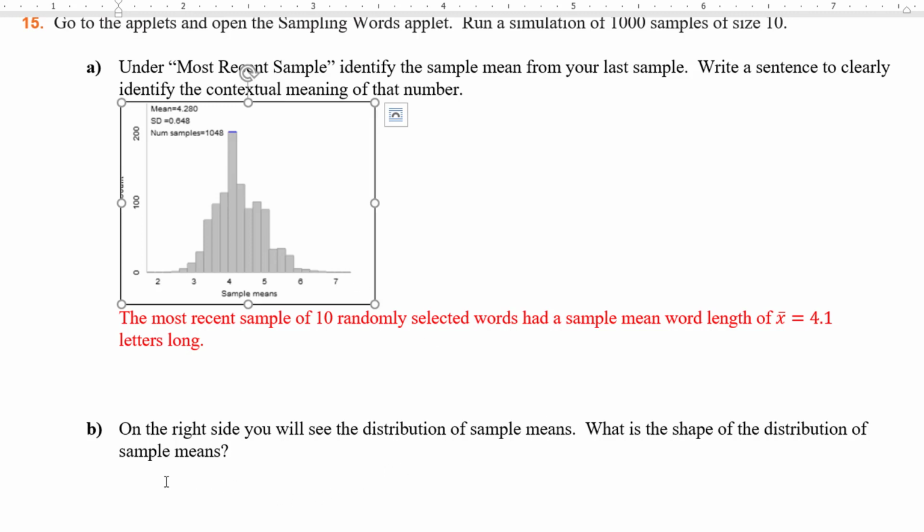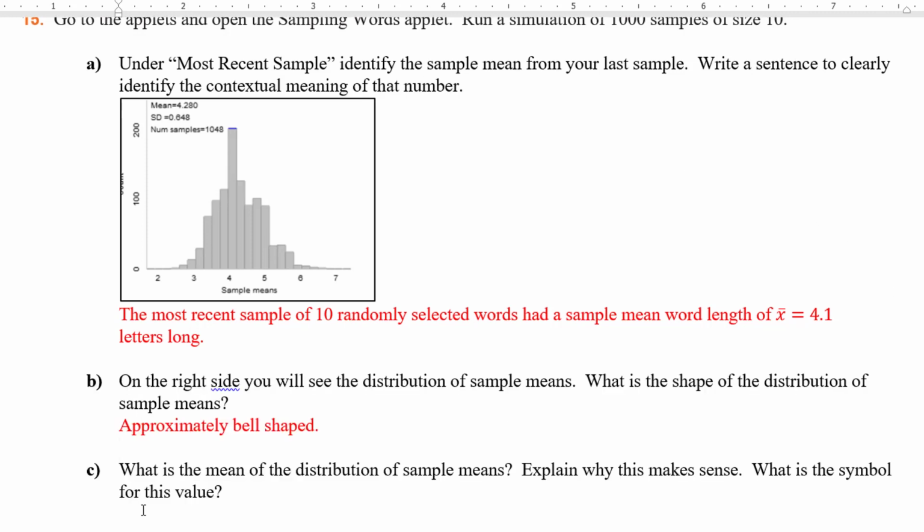What's the shape of that distribution? It is approximately bell-shaped. It's not perfect because it's from a simulation, and simulations are never going to be perfectly mathematically theoretical models, but it's close. What is the mean of the distribution of sample means? If we look at our picture here, the mean of the distribution of sample means is 4.28.